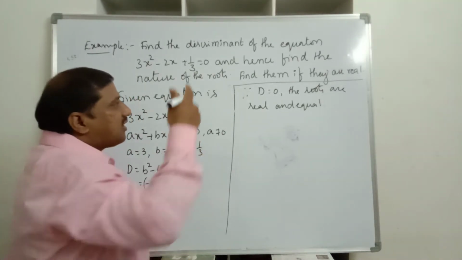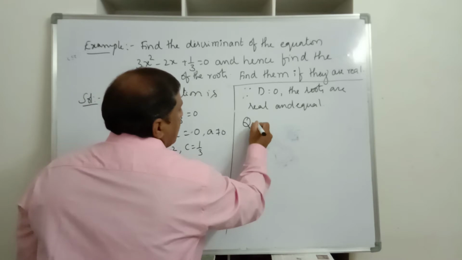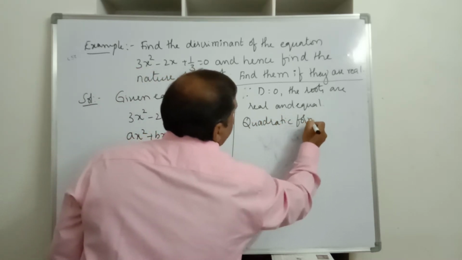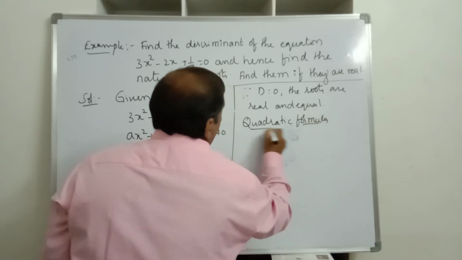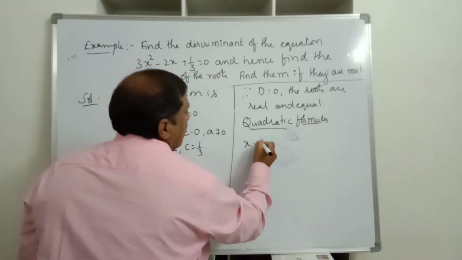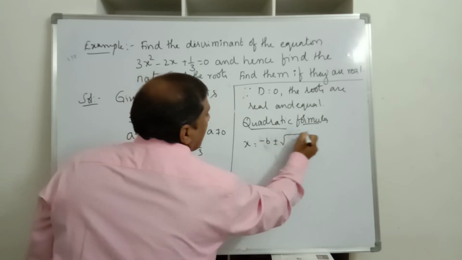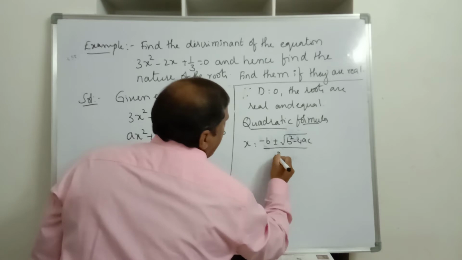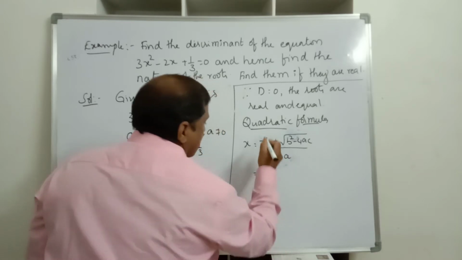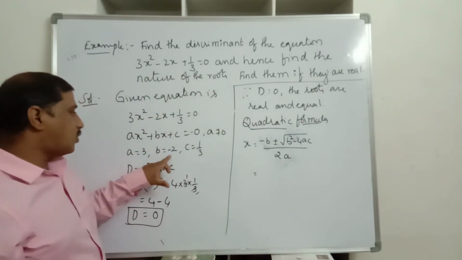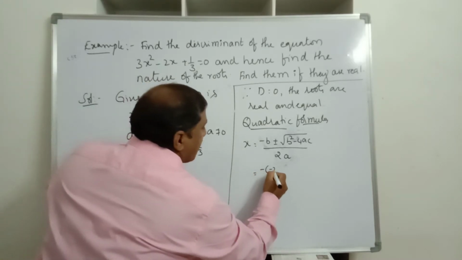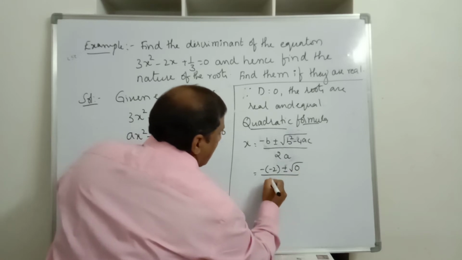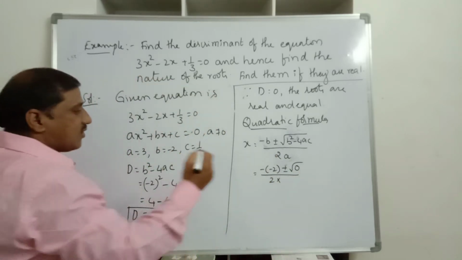Now how do you find the roots? Use the quadratic formula. So what is the quadratic formula? x is equals to minus b plus or minus square root of b square minus 4ac divided by 2a. Now substitute minus b is equals to minus 2. Therefore it is minus of minus 2 plus or minus square root of 0 divided by 2 into a is equals to 3.